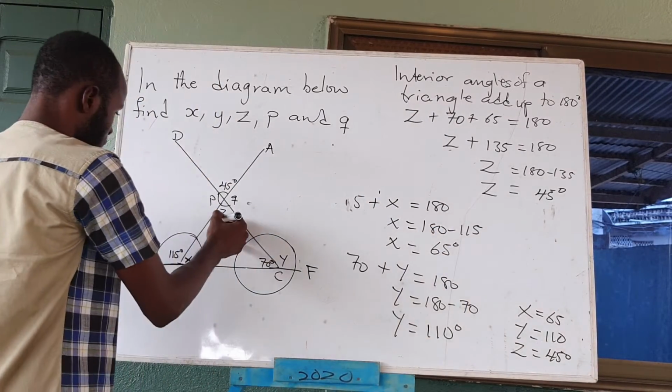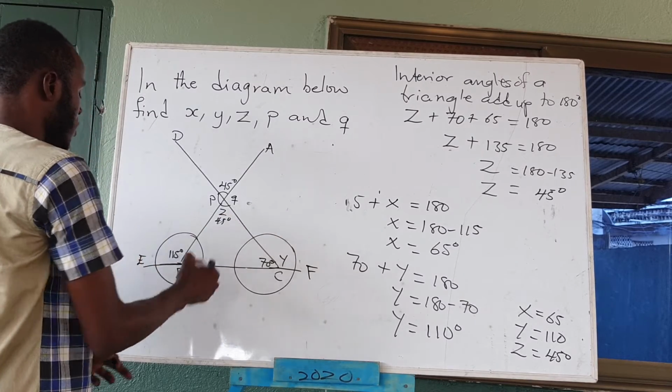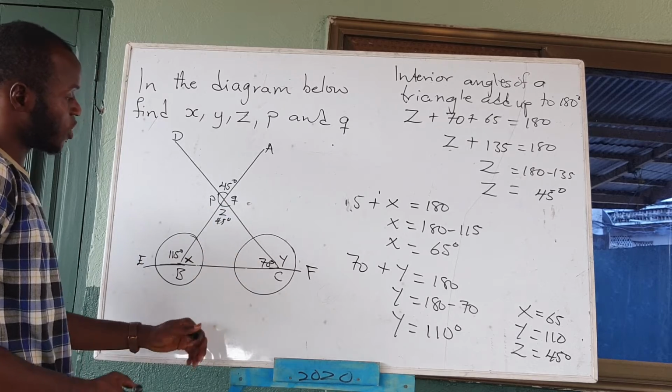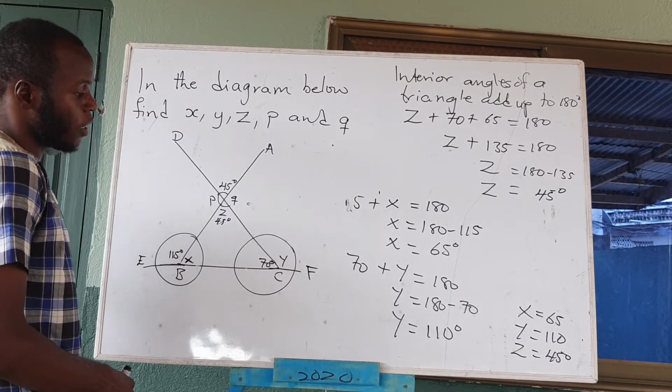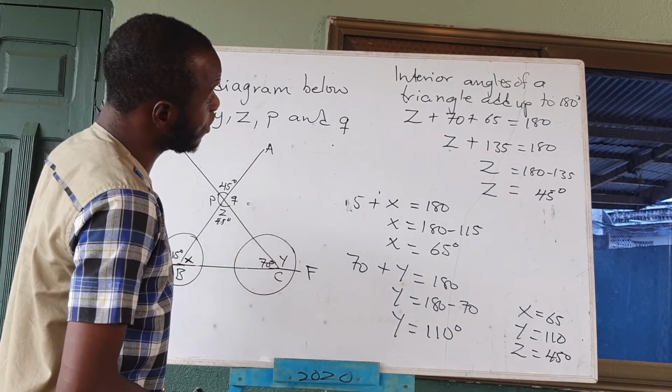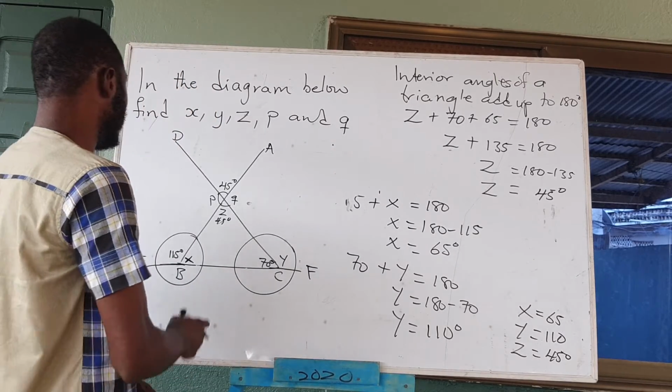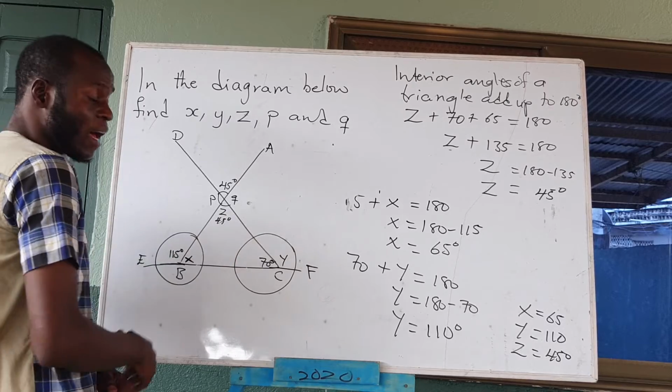Now if z is equal to 45 degrees, when you add the 45 degrees plus the x, which is 65, plus this 70, you should be getting 180. This also leads us to another type of angle property, which is that opposite angles are equal.